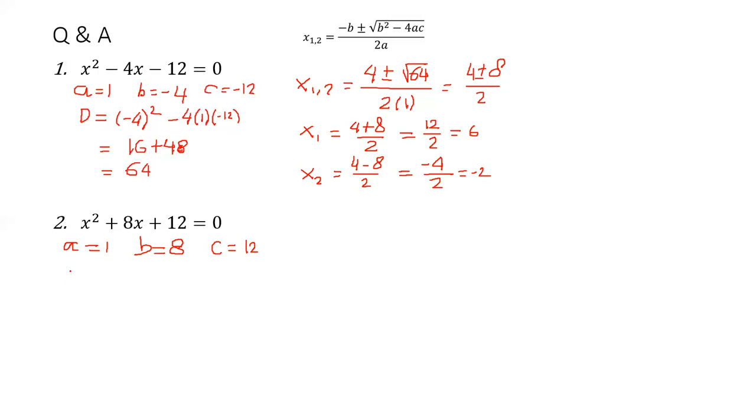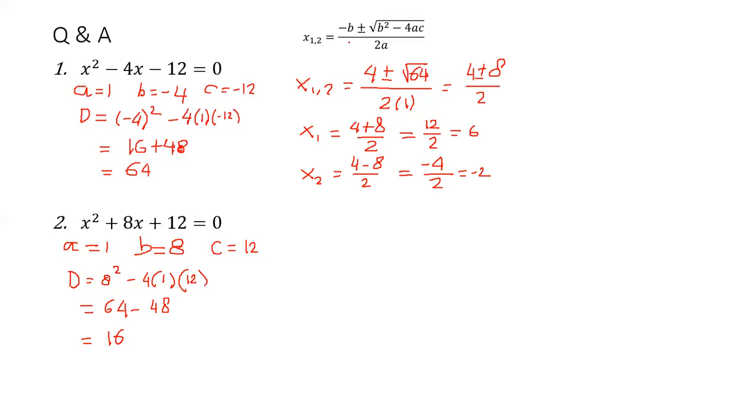Next, I will calculate D or the discriminant. The discriminant is b squared minus 4ac. It means 8 squared minus 4 multiplied by 1 multiplied by 12. 64 minus 48. How much? 16.